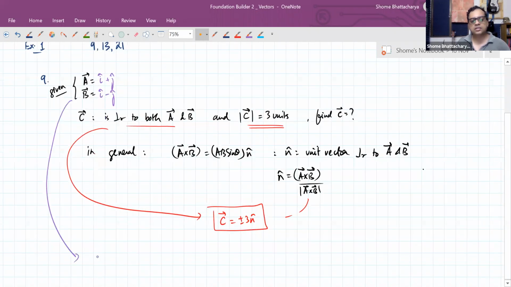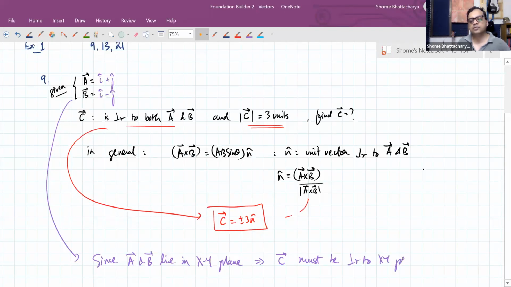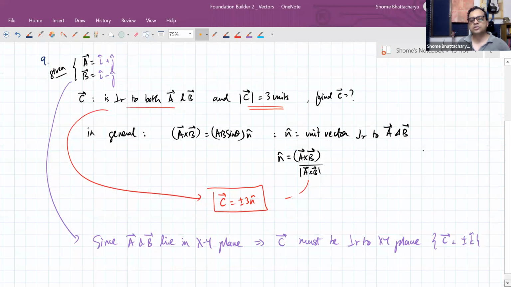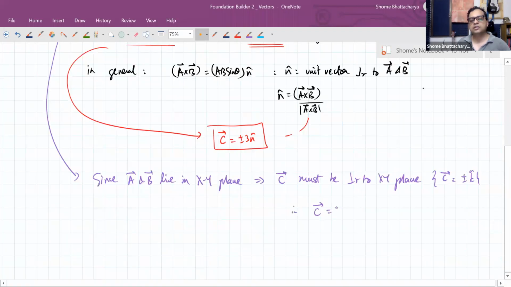Since A and B lie in the xy plane, C must be perpendicular to the xy plane. So C must be along either plus or minus k cap. Therefore the vector C is either plus or minus 3 k cap. So you can get away without calculating any cross product.